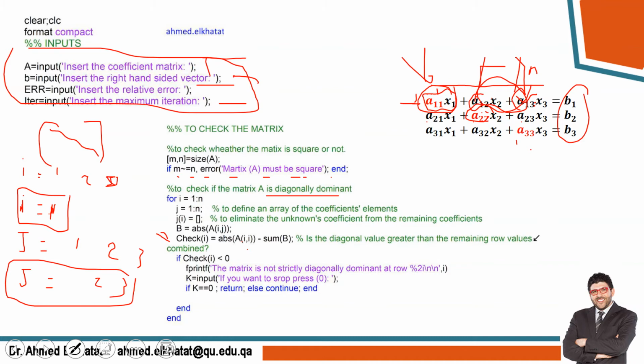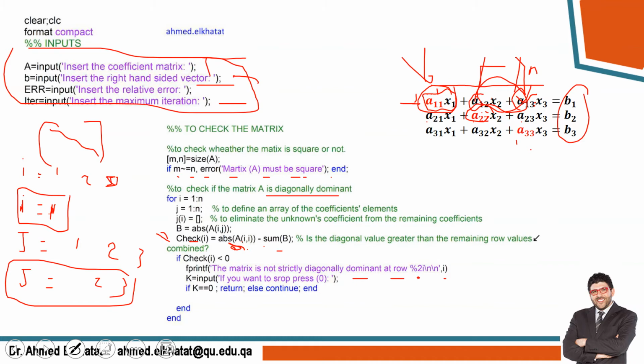So if this equation is less than 0, that means abs of a(i,i) is less than the summation, so it shouldn't be predominant. Then we show this with printf: the matrix is not structurally diagonally dominant at row i. Here you have the option to continue or to stop.